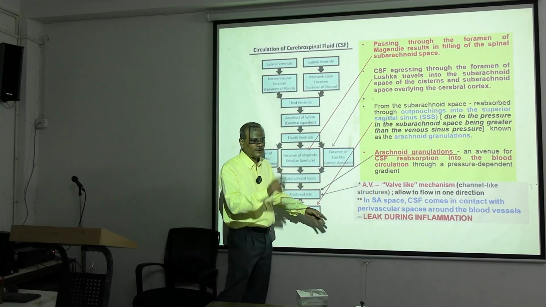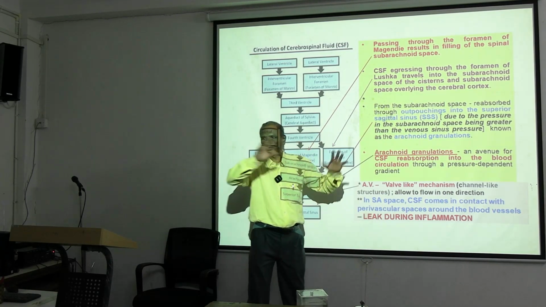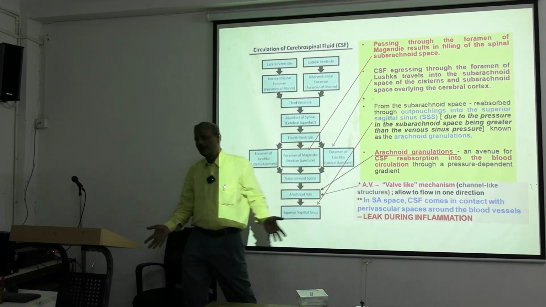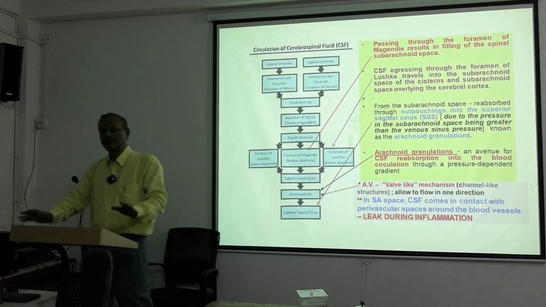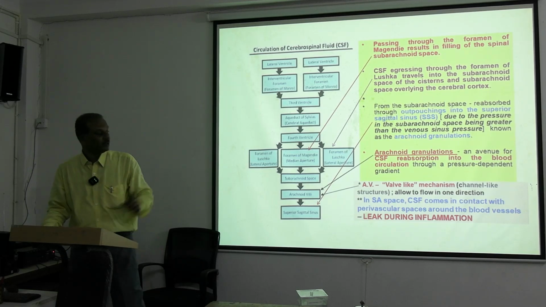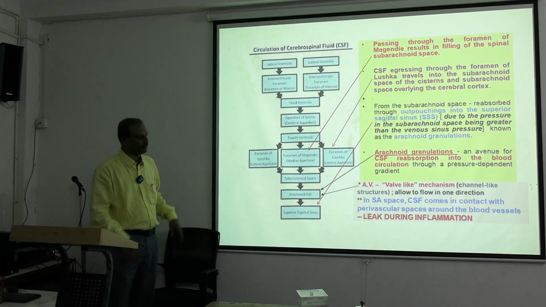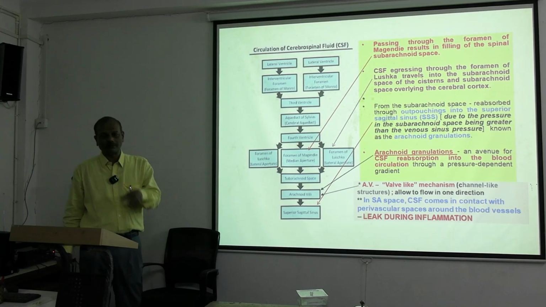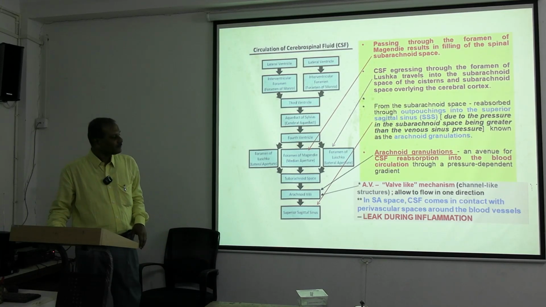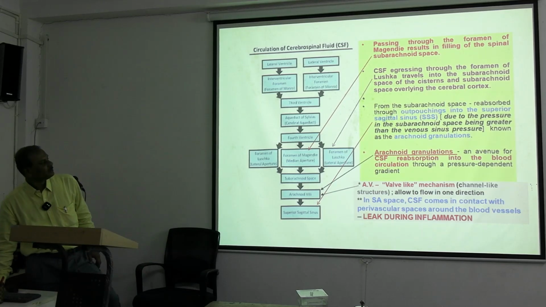The CSF abnormality is due to leak at this place, not from the whole area of the meninges. The whole meninges is definitely inflamed, but the abnormality of CSF you will get is because of leak in the subarachnoid space where it is coming into contact with the blood vessels, and that we will call CSF abnormality. Is this part clear?